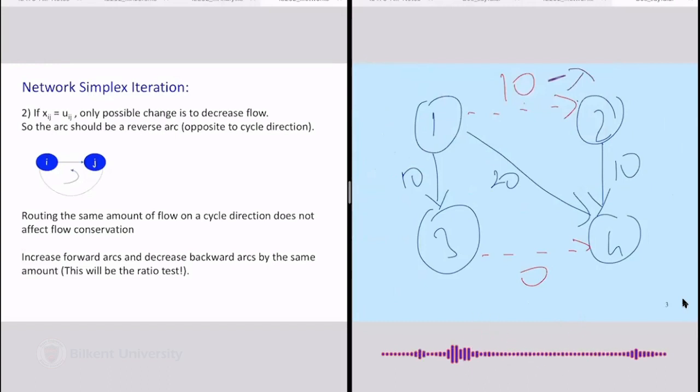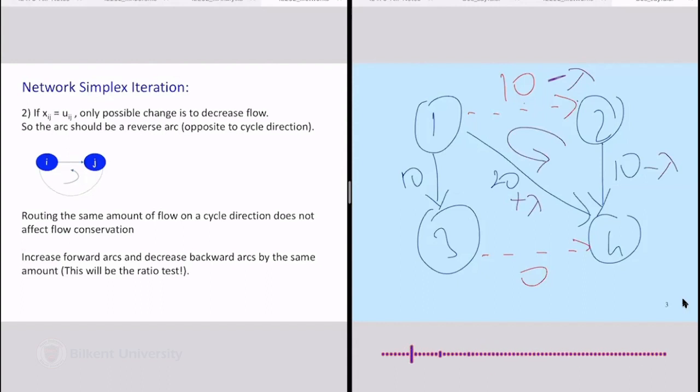If that arc wants to enter my tree, I cannot increase its value. I have to decrease its value. If this is a minus delta, that means I'm sending minus delta over here, which means a plus delta in here. This is sending more, and this is sending less, in the same idea. So my direction is like this, the cycle direction.